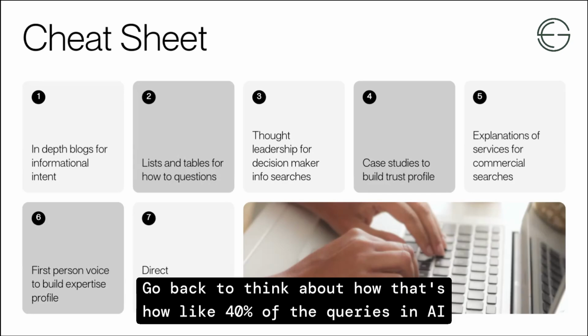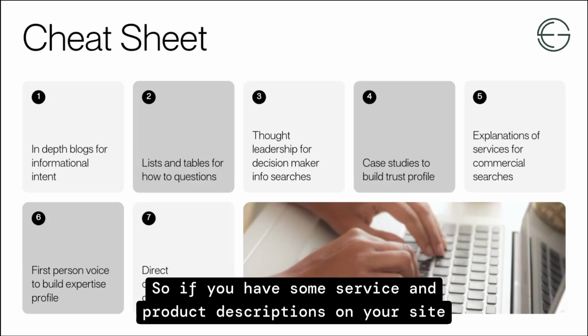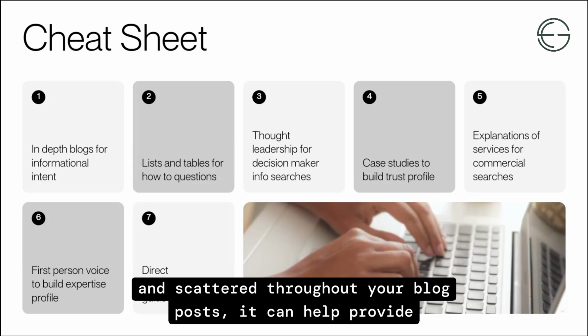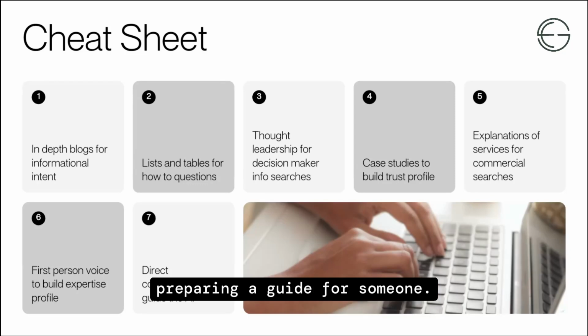Go back to think about how like 40% of the queries in AI are preparatory, like, hey, make me XYZ. So if you have some service and product descriptions on your site and scattered throughout your blog posts, it can help provide information for when AI is preparing a comparative list or preparing a guide for someone.